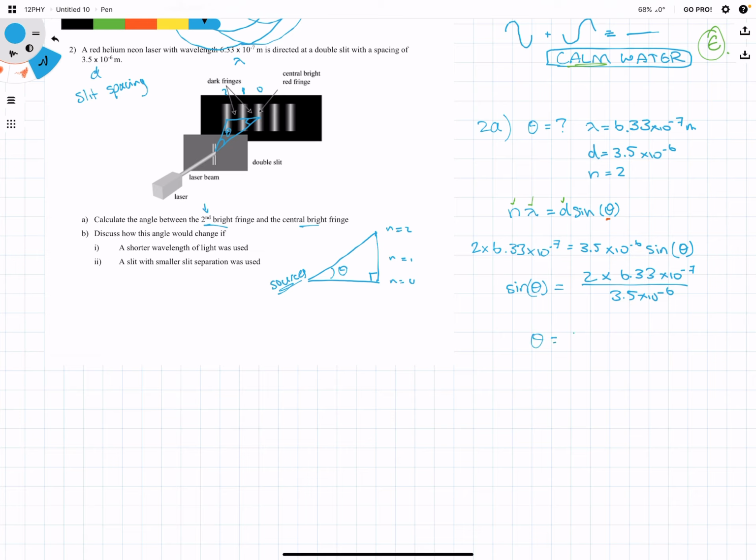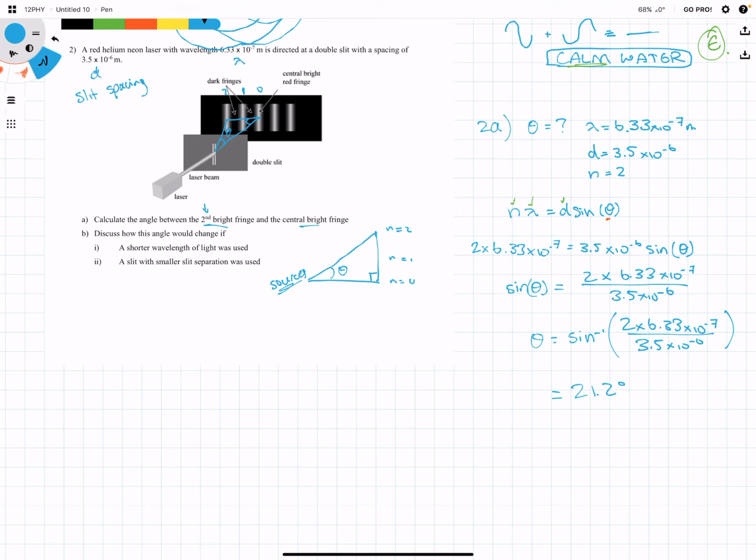Theta equals inverse sine of all of that. And we should hopefully get an answer of 21.2 degrees. Okay, cool.